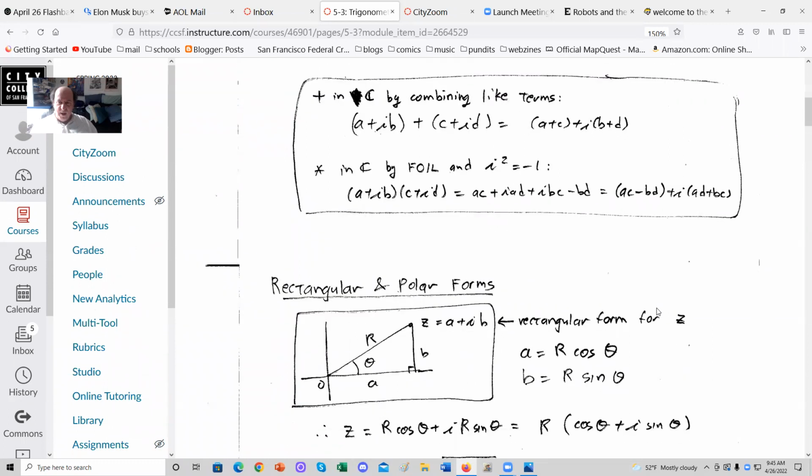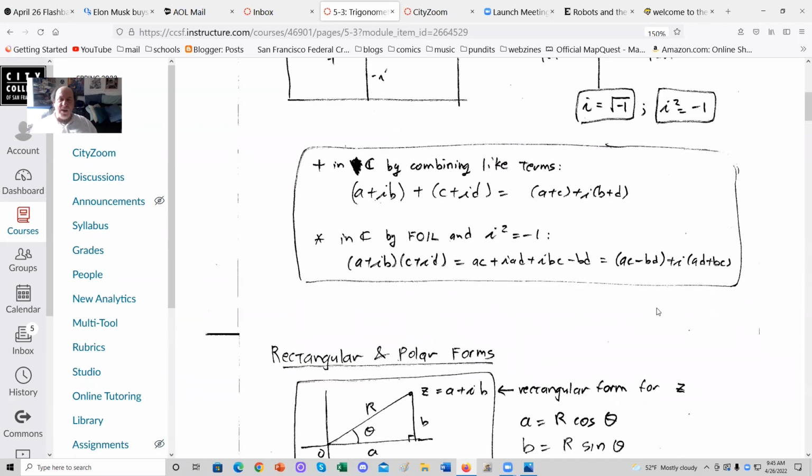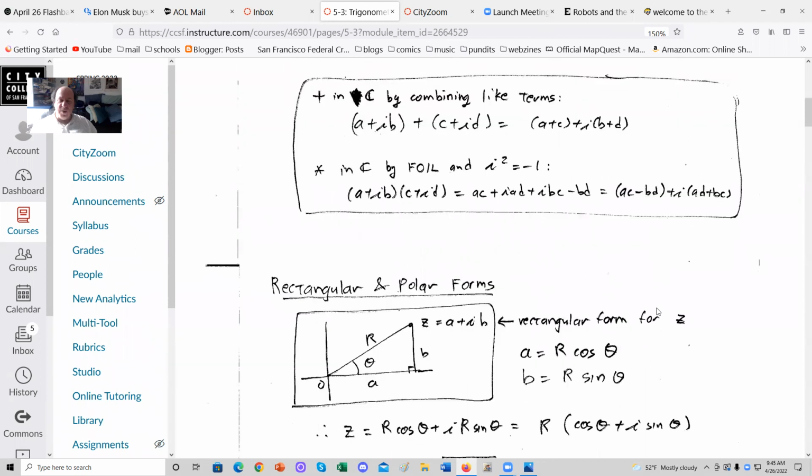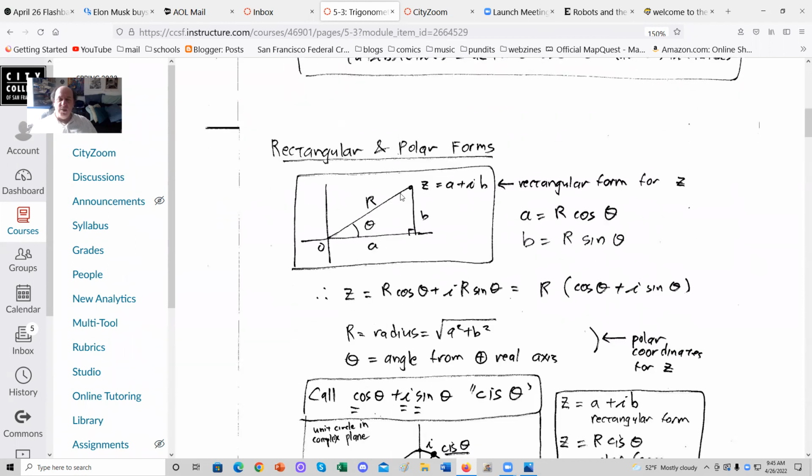Okay. However, we're going to rewrite this in terms of polar forms, polar coordinates. So imagine the complex number z equals a plus ib. It's over a and up b. But we want to know what distance r it is out from the 0, and what angle theta it is from the positive real axis.